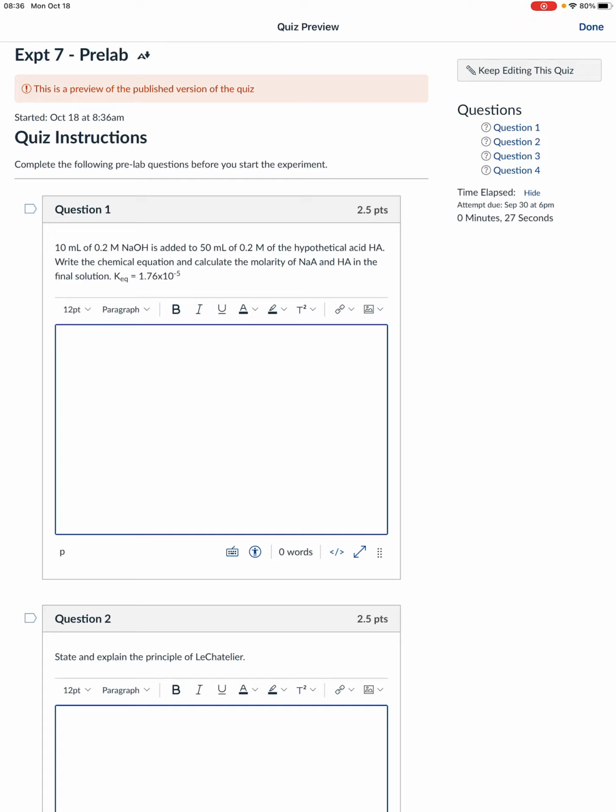You would have to pull up your pre-lab questions to look at the questions while I just give you answers. The answer to number 1 is that the HA concentration is now 0.1. The NaA is 0.03. And the equilibrium expression, they asked for that. Write the chemical equation. Oh, the chemical equation.